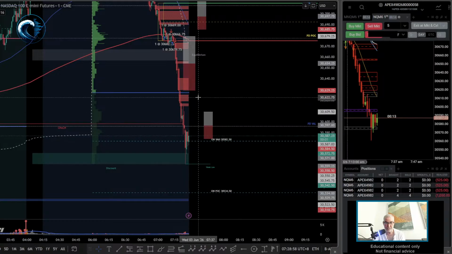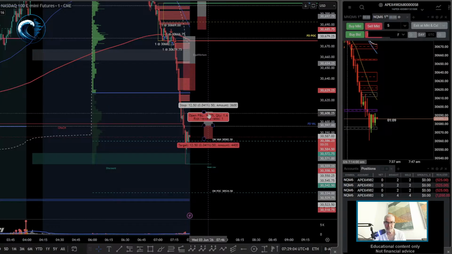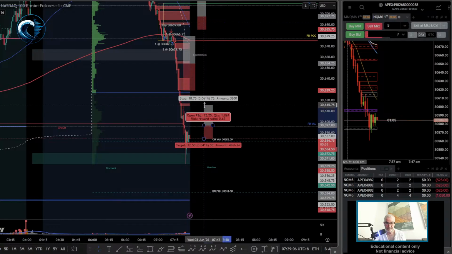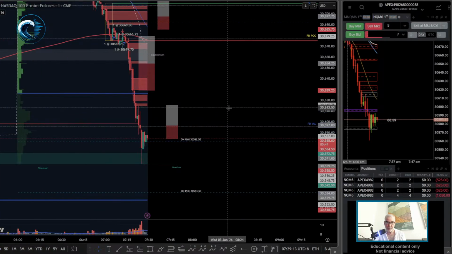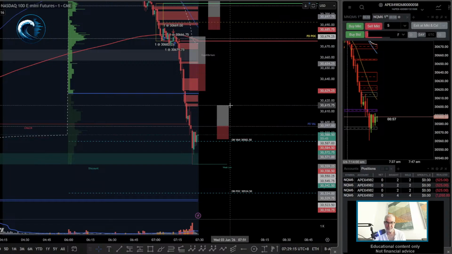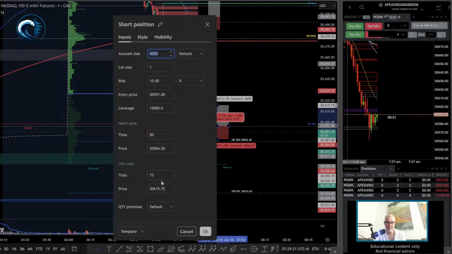I've just been burnt too much on this sort of action and it just flies up and takes out all the ones that have gone in too early. It's got to make sense in my head where I set my stop loss for cover. So it could be something like that. 75 points.